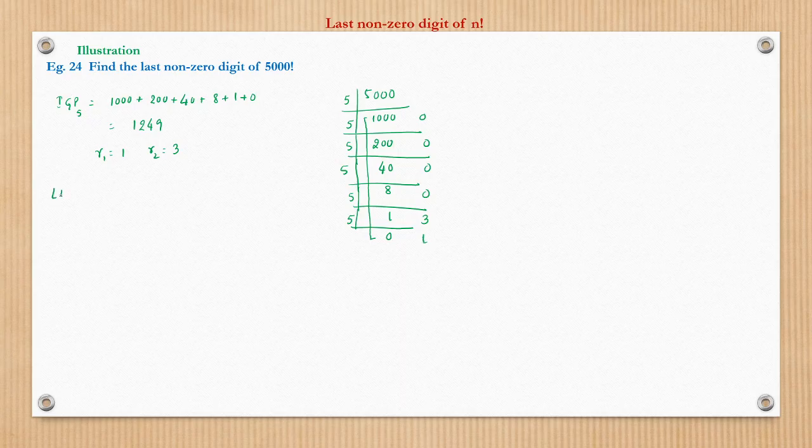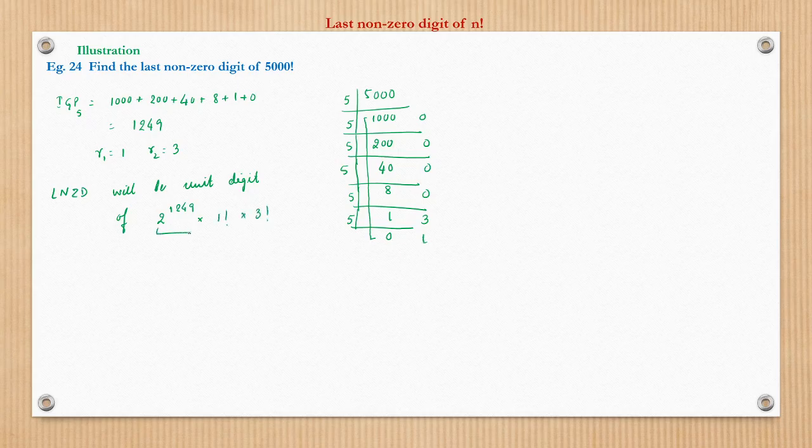So again, the last non-zero digit will be the unit digit of 2 raised to power 1249 into 1 factorial into 3 factorial.